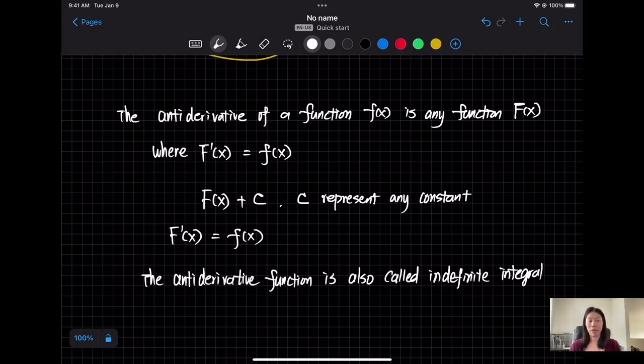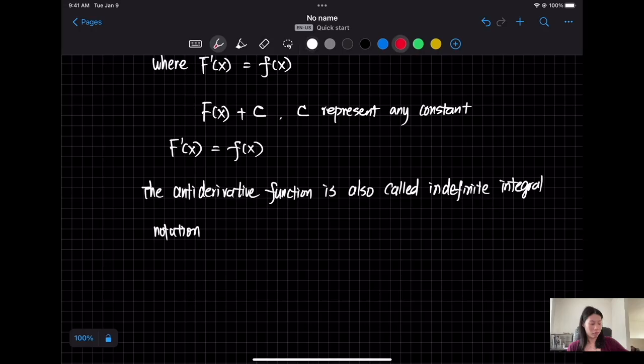Remember, last video we talked about the derivative function being the definite integral. The antiderivative one is going to be an anti-integral. So the notation for an antiderivative function is the integral of f of x dx.